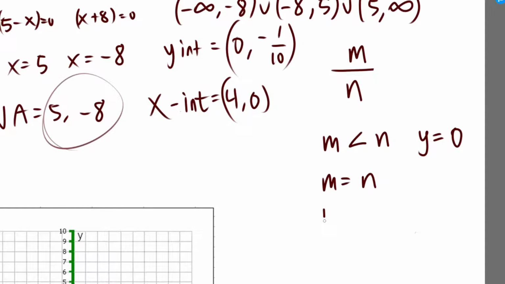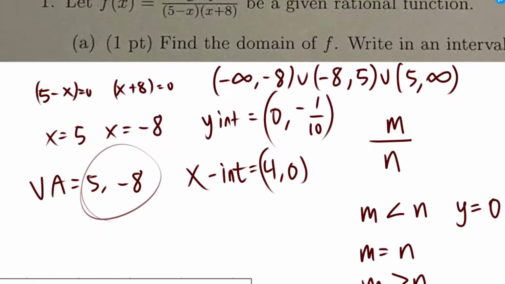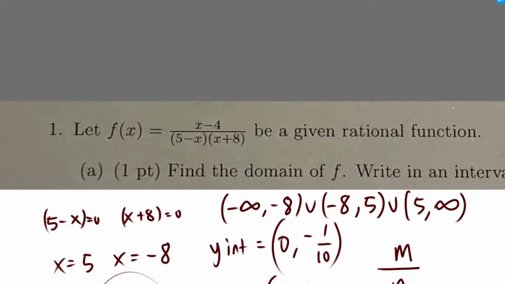If you had something like m is greater than n, then you get an oblique asymptote, which is the diagonal, sideways ones. The way to find your oblique asymptote is basically to divide your function, and then you would be looking at the quotient of your function.